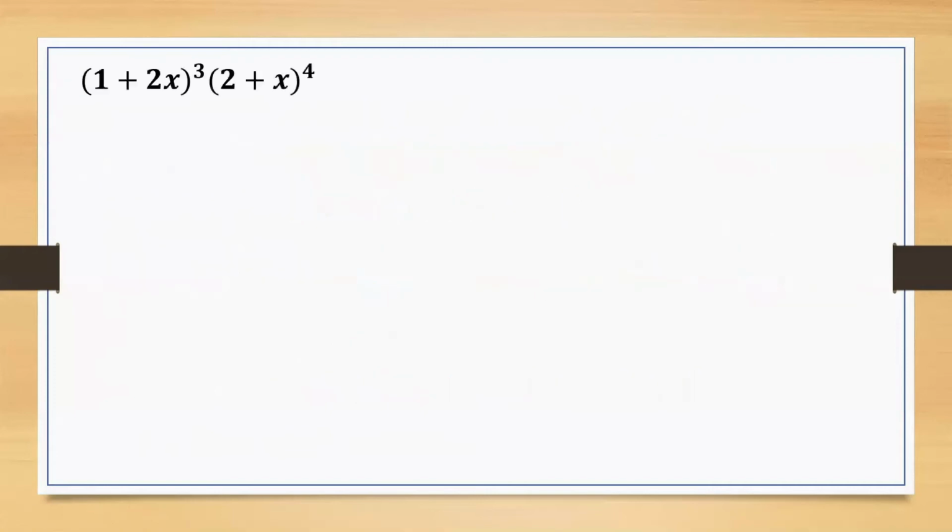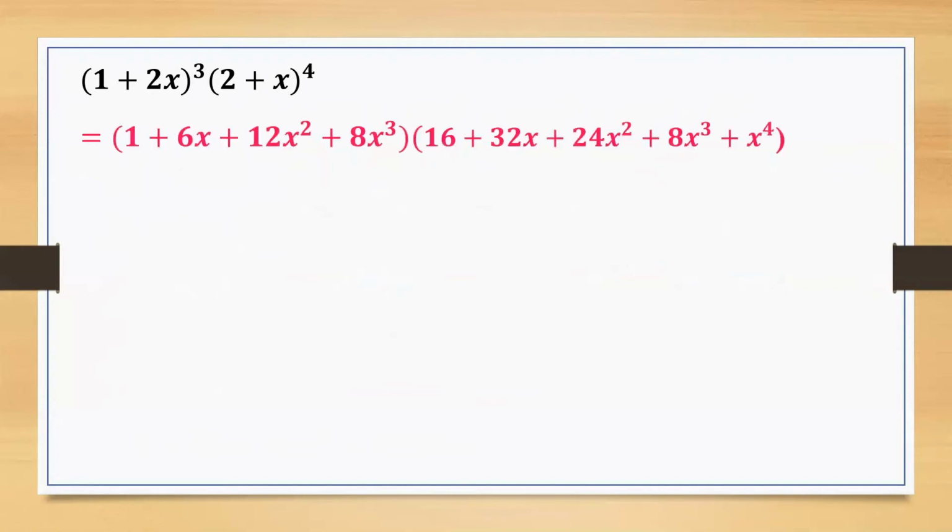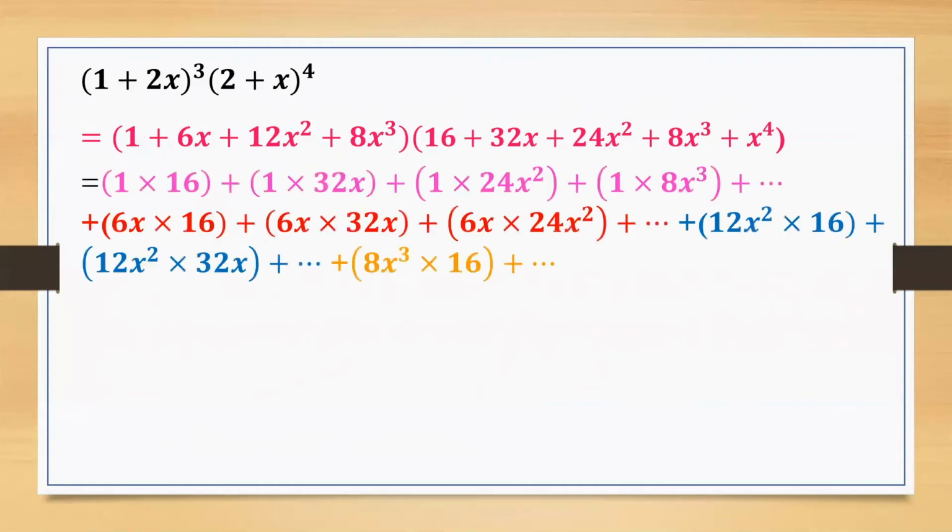Now for part B, we need to expand (1 + 2x)³ into (2 + x)⁴. So we shall use the two answers obtained in part A. And here I will have to expand these two brackets.